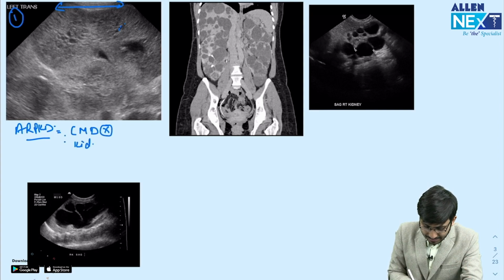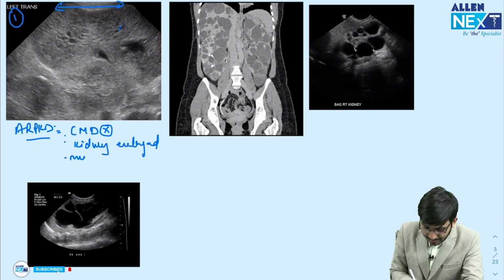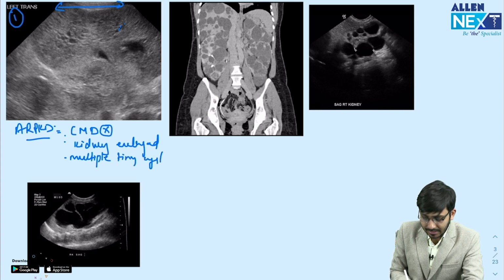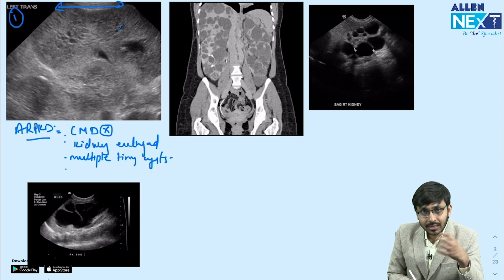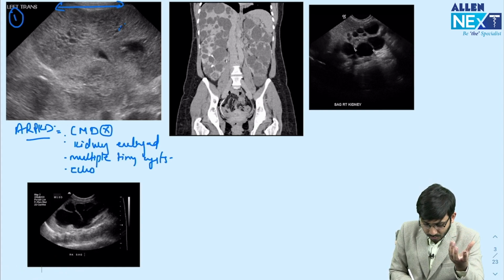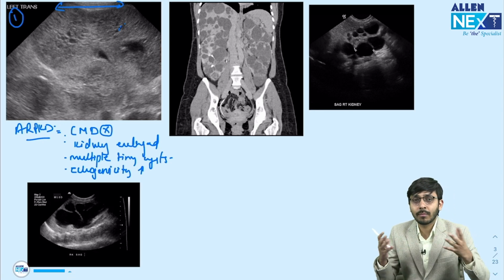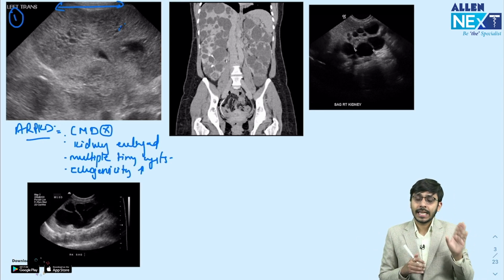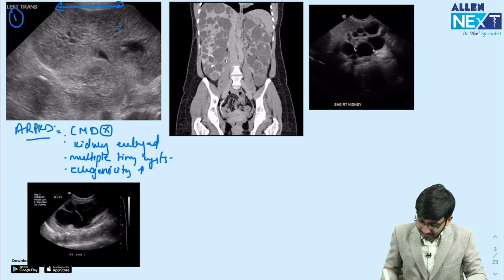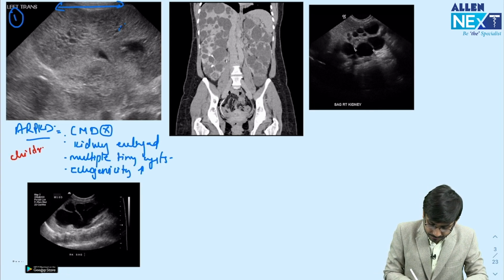The kidneys are enlarged and there are multiple tiny cysts. The renal echogenicity is also raised; it is appearing more bright. So these are features of an ARPKD patient, and these are typically seen in children.